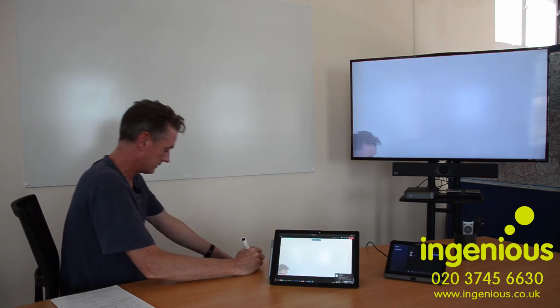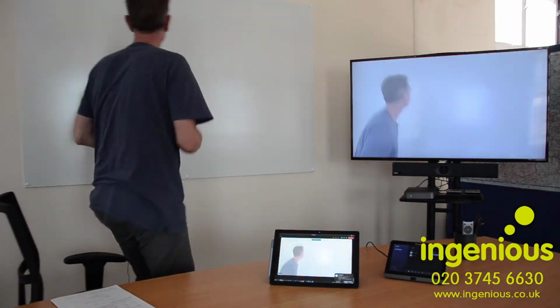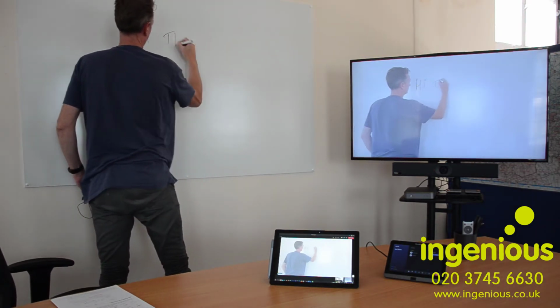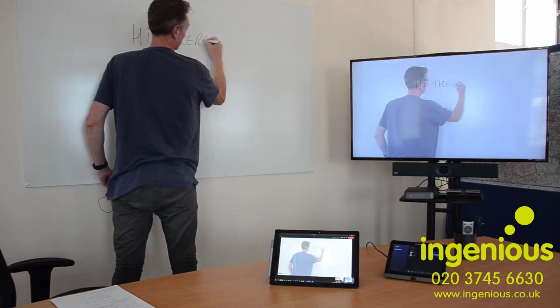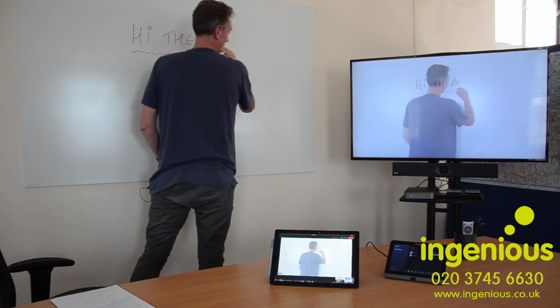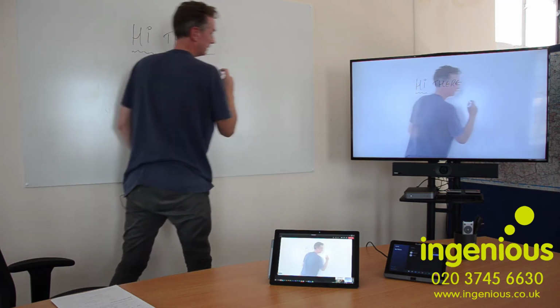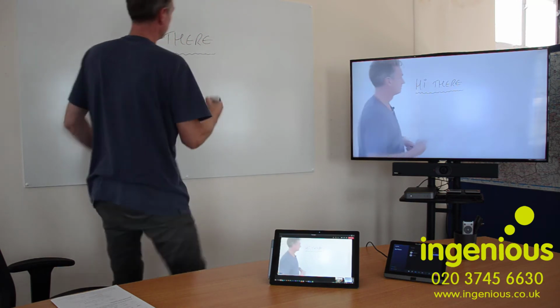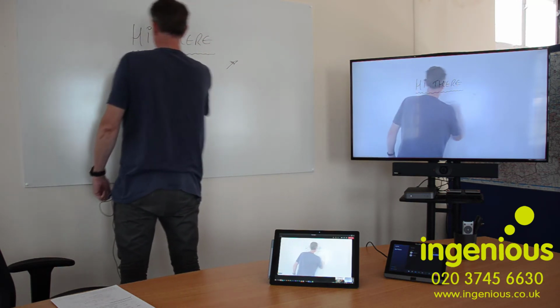And if I now start scribbling on the whiteboard, you will see that if I get in the way, the AI finds the writing and leaves it in place, no matter where it is.